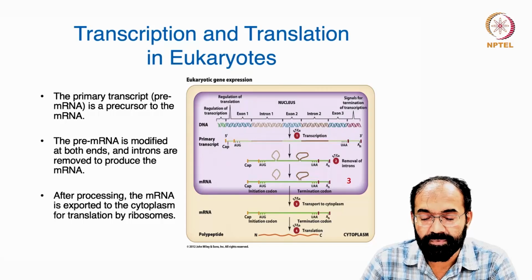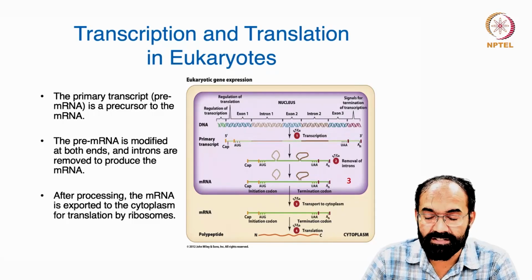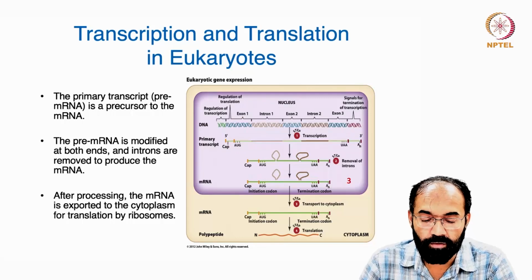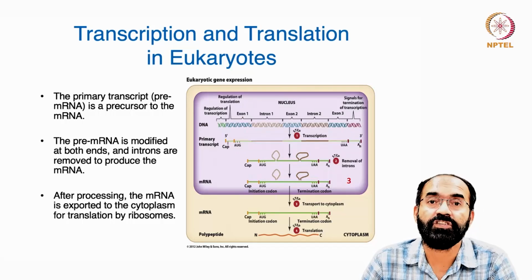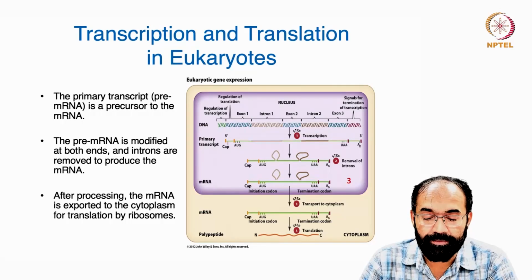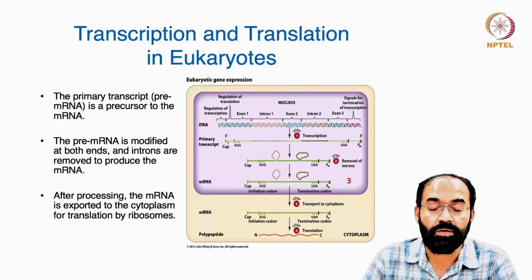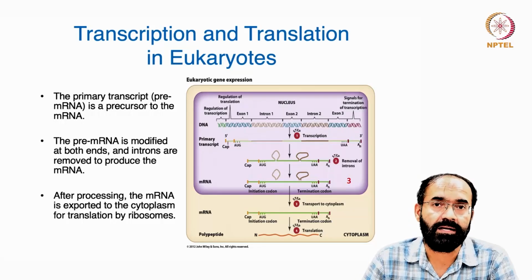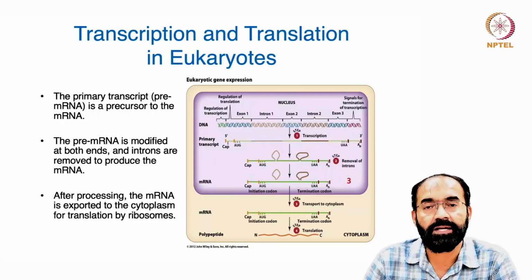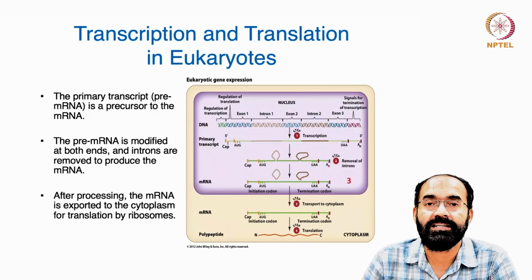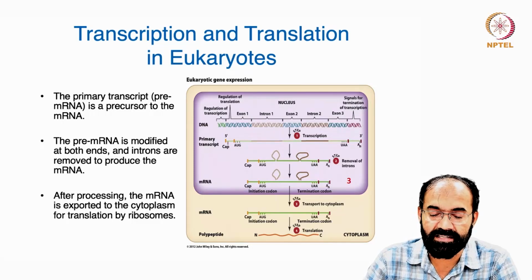So let us see here. You can see there is a double-stranded DNA here, and it has got regulatory sequence, as in the case of bacteria. So the regulation of transcription and also elements required for regulation of translation are also present in the untranslated region part. In a mRNA, it has got a coding part, and also it has got 5' untranslated region and 3' untranslated region.